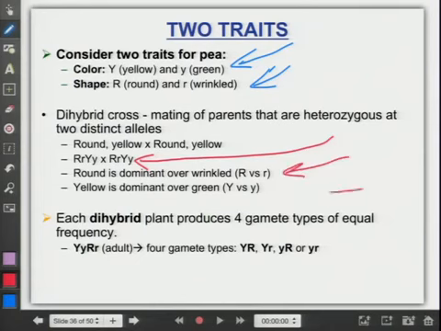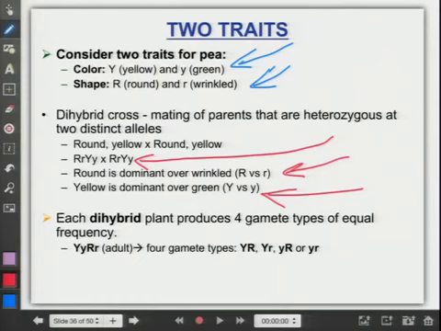And you'll either be told which one's dominant or which one's recessive, or you have to figure it out. How did we figure out which one was dominant and which one was recessive for a one-gene cross? Do you remember what that setup had to be? A test cross, exactly, to look at whether one parent phenotype, the dominant phenotype, is heterozygous or homozygous.